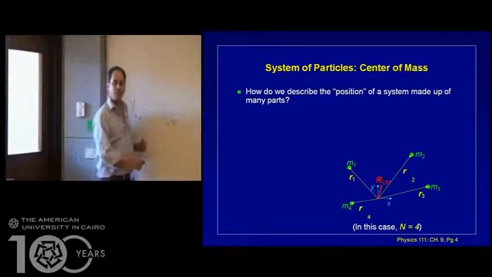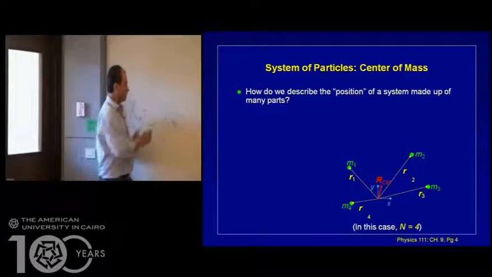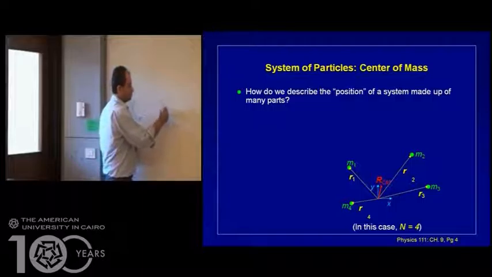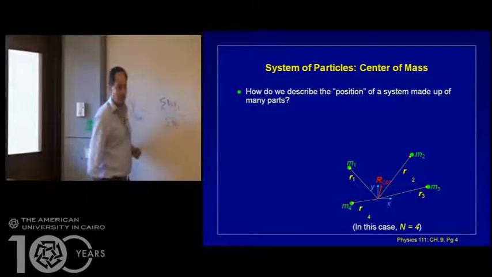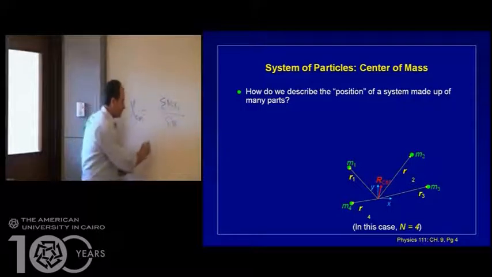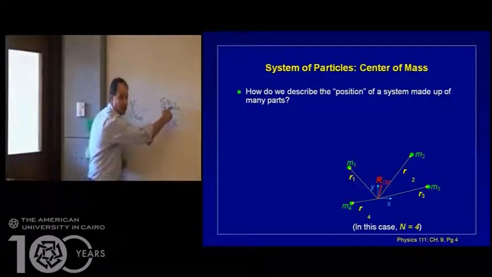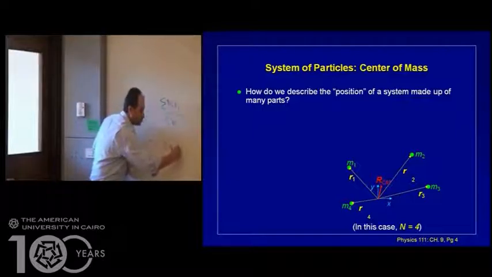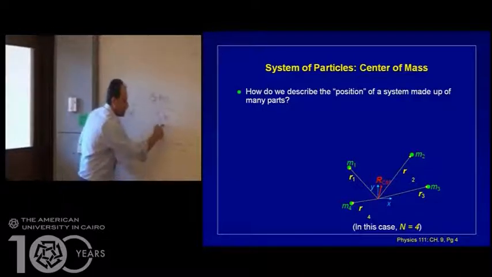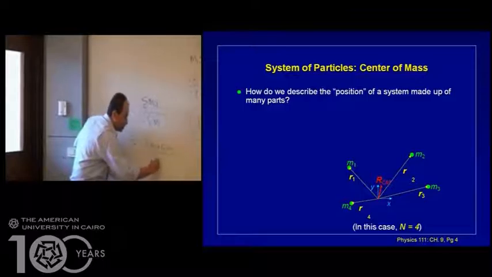How about this? I'm going to modify what you said a little bit. It means the sum of mi xi, that means x1 m1 plus x2 m2 divided by the sum of all masses, m1 plus m2.